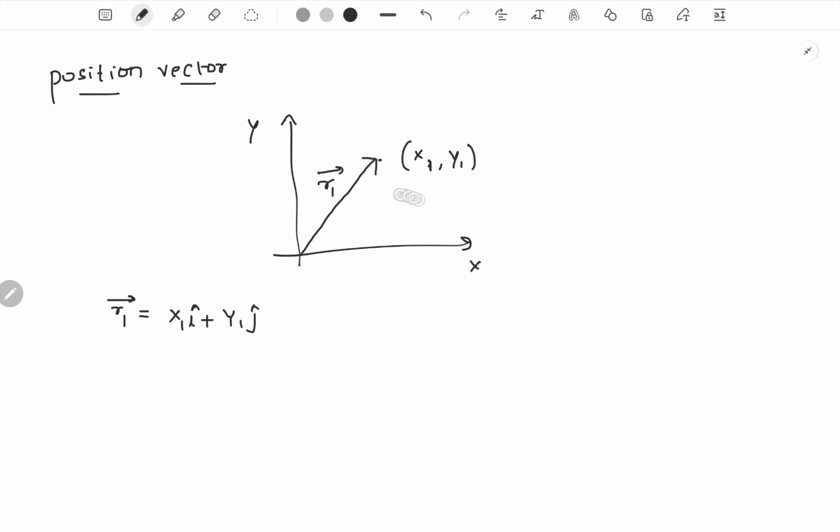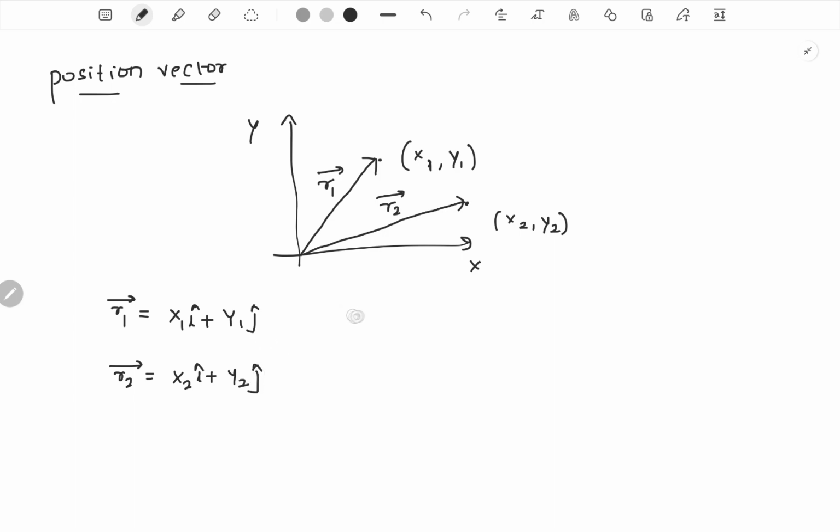Let's say after some instant of time, it was at another point whose coordinates are given by x2 comma y2. Then its position vector, represented by r2 bar, can be written as x2 i cap plus y2 j cap.